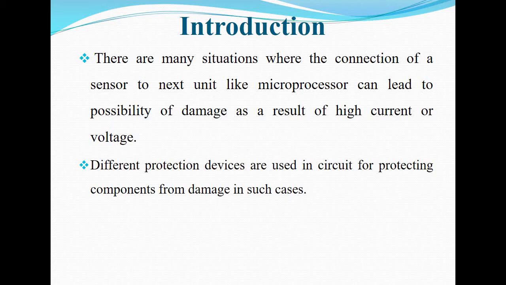That means the output of the sensor is connected to the microprocessor, and if there is a high current and/or high voltage through the circuit, there may be a possibility of damage to the sensor or microprocessor, or various electronic components will burn when there is high current or high voltage through the circuits.